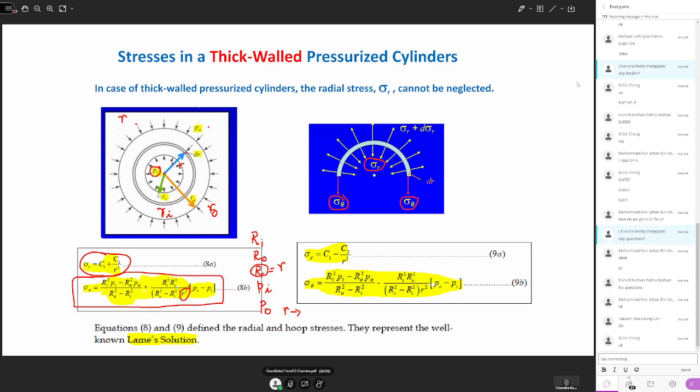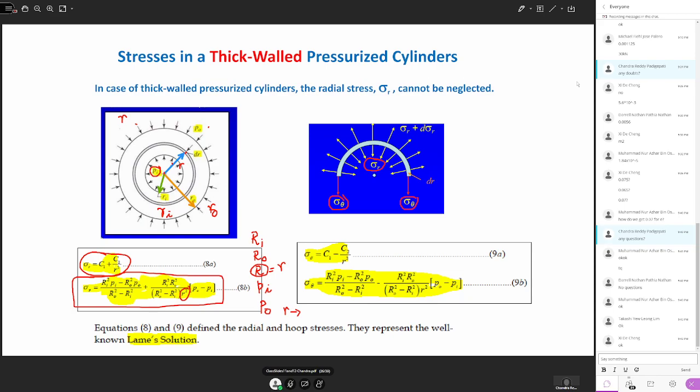The derivation of these formulas, you can go through in any standard textbook. The derivation is not important for us. We need to study how to apply these formulas to calculate various stress conditions for thick cylinders: when the cylinders are fully elastic, when they are partly elastic and partly plastic, and when the cylinder is fully plastic.